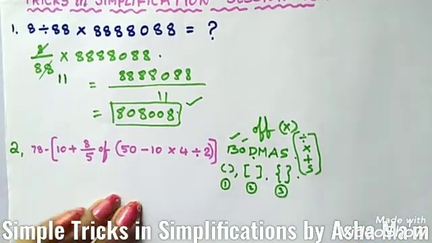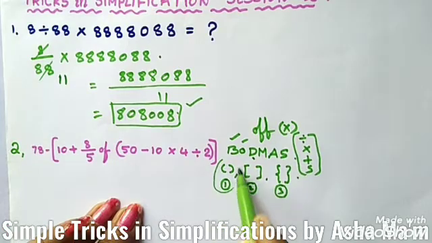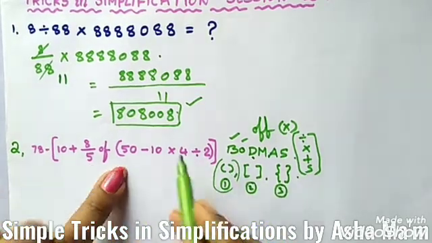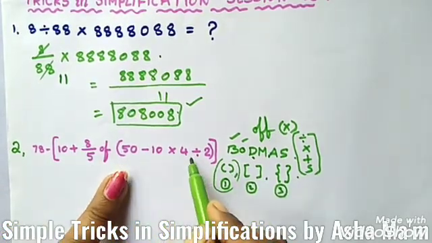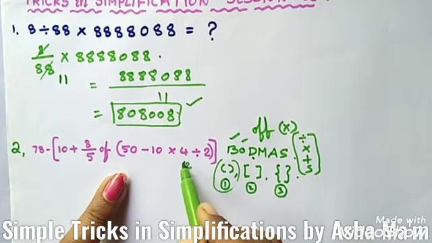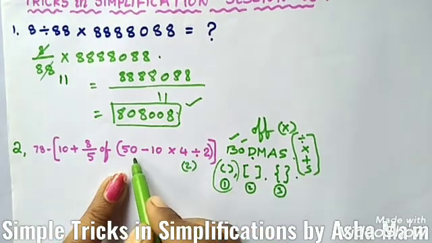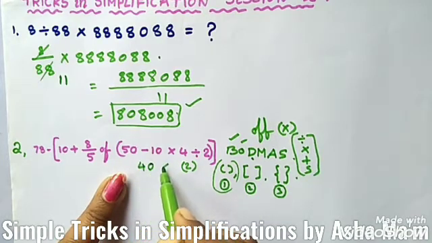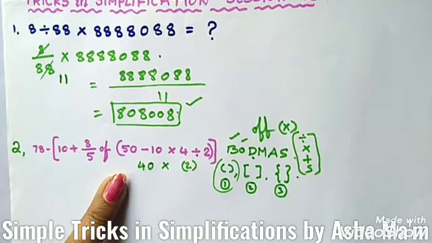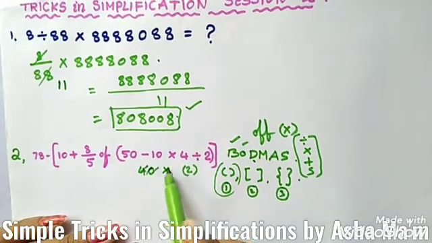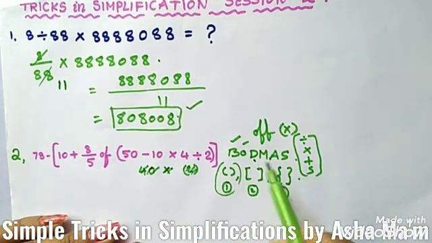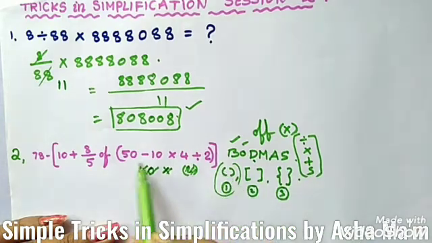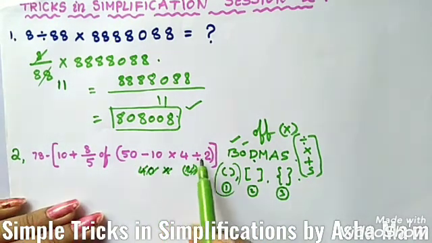First of all, you have to focus on these brackets. So here 4 divided by 2, that is 2. Now 50 minus 10, so 40. Here you have to follow this BODMAS rule. First of all, what they have given in the brackets itself.